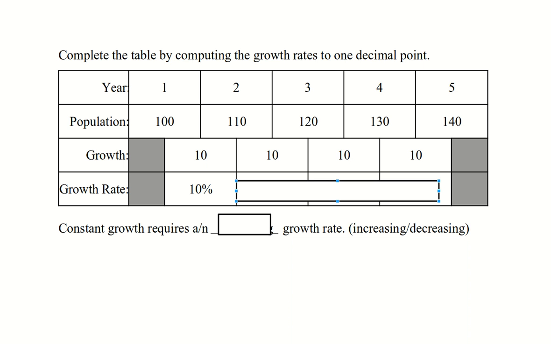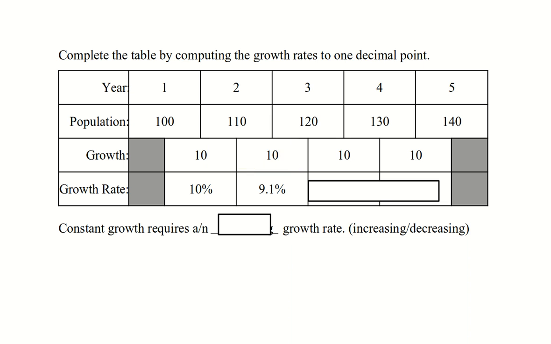Now you can do this in your calculator. Just ask the question what growth rate 10 must have been if we started with 110. That is 10 divided by 110. And if you do that arithmetic, you learn that that is 9.1%. We're asked again to round to the nearest tenth.